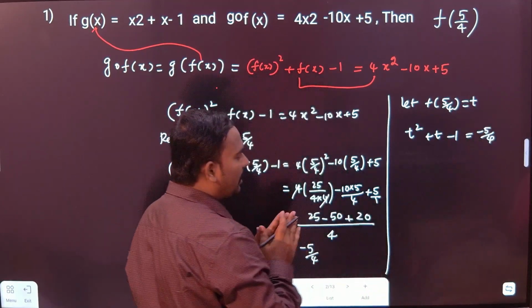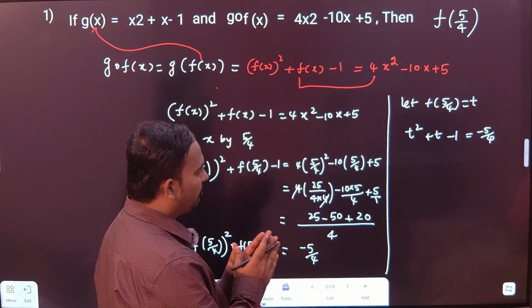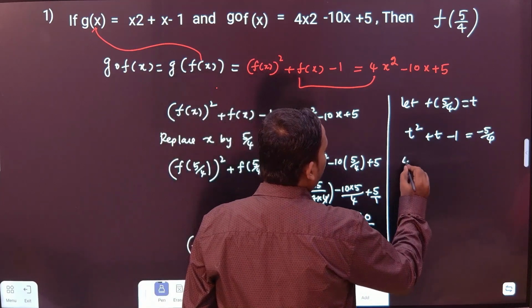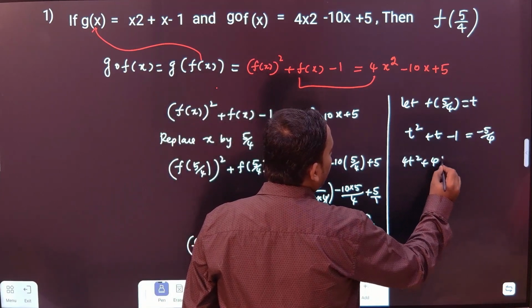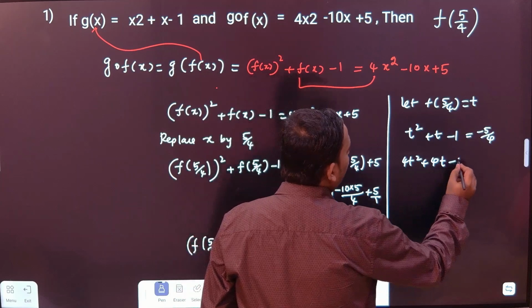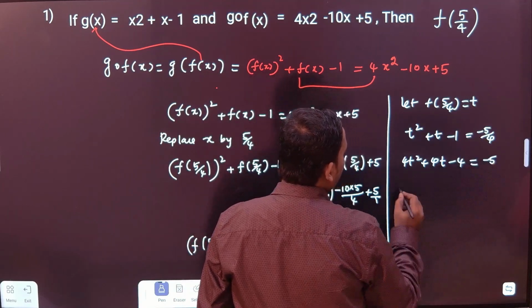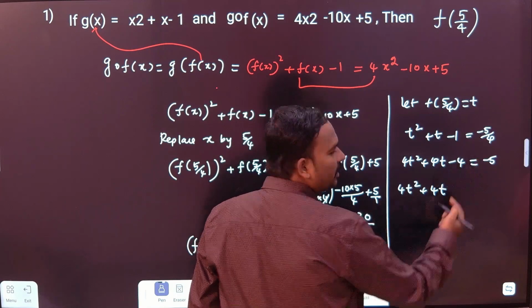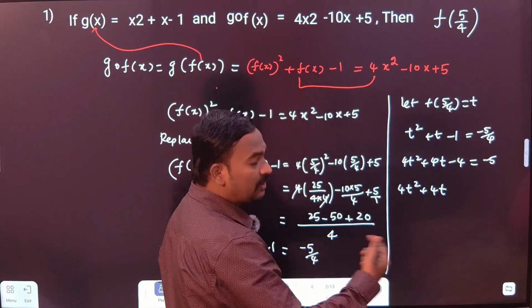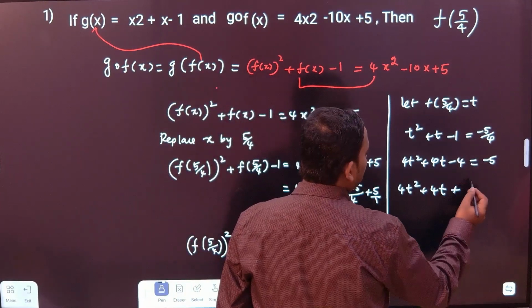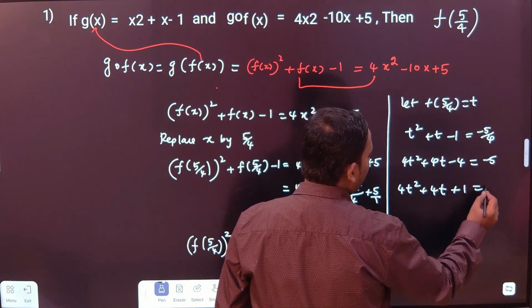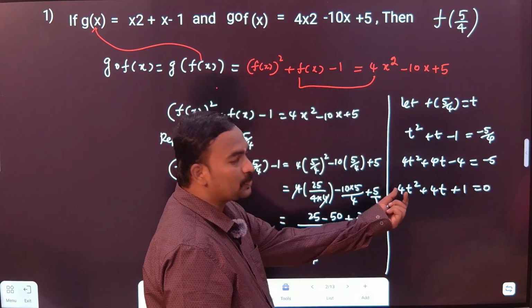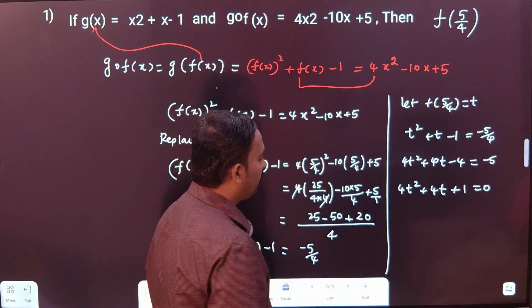Now, you can multiply by 4 on both sides. So, 4t square plus 4t minus 4 is equal to minus 5. That means 4t square plus 4t, minus 5 you send to the left side, that is minus 4 plus 5 is plus 1, equal to 0. You can see this is the expansion of the a plus b whole square formula, right?